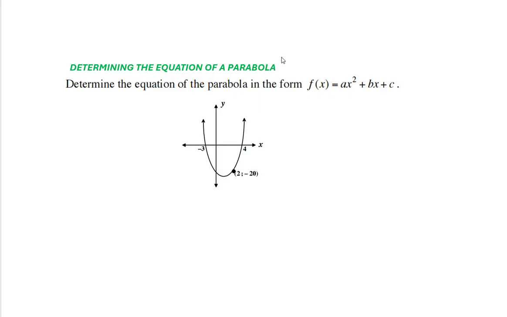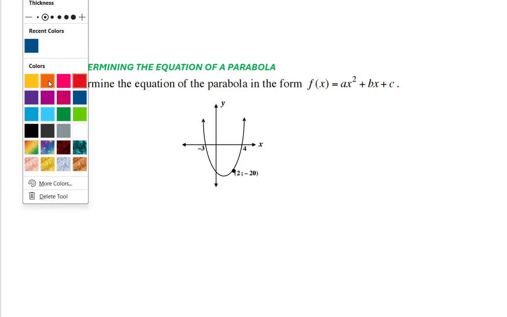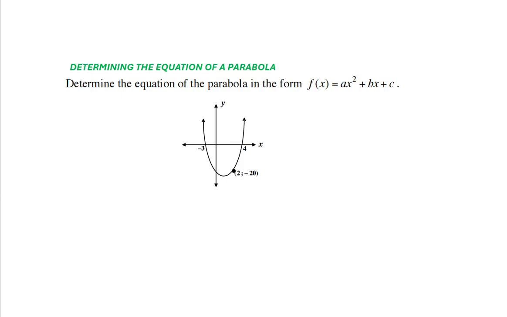Sometimes they'll give you the turning point, meaning you'll have to use the turning point equation. Sometimes you'll be given the x-intercepts and also a point on the graph, meaning you have to use the x-intercept formula. So those two are very important to know.